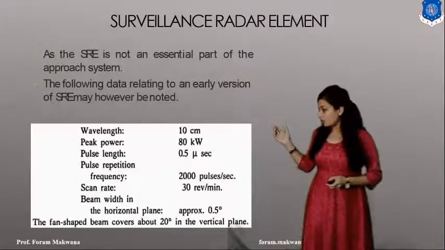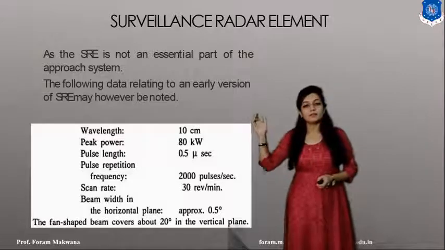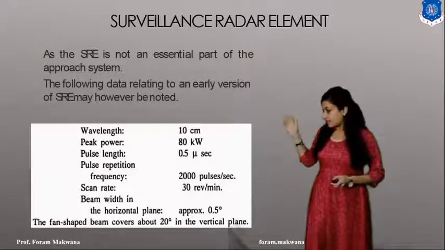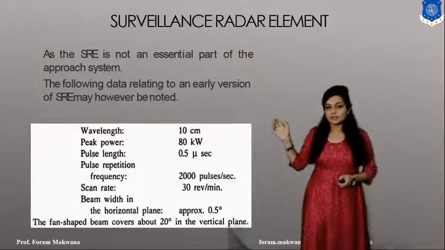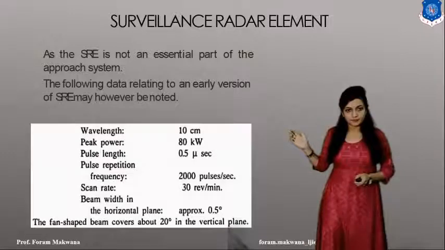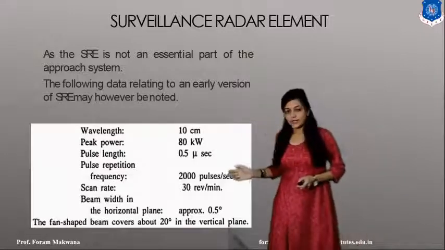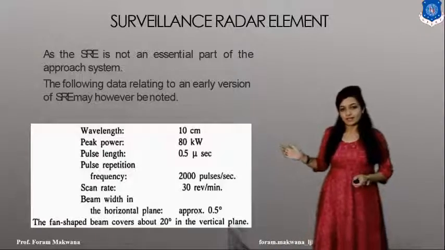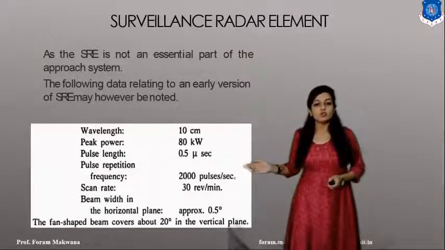So first we are going to start with what we mean by surveillance radar element. The SRE, that is surveillance radar element, is not an essential part of the approach system. The following data relates to the earlier version of SRE, which is going to be noted.